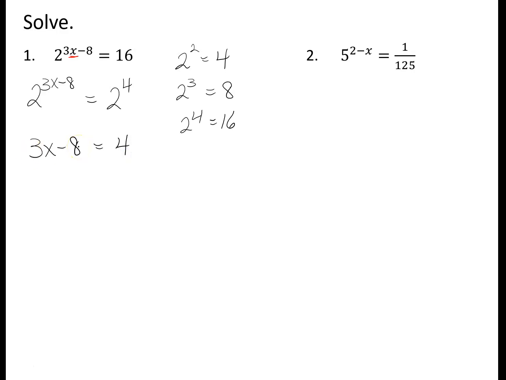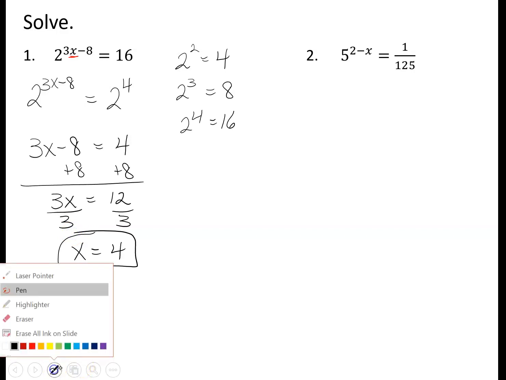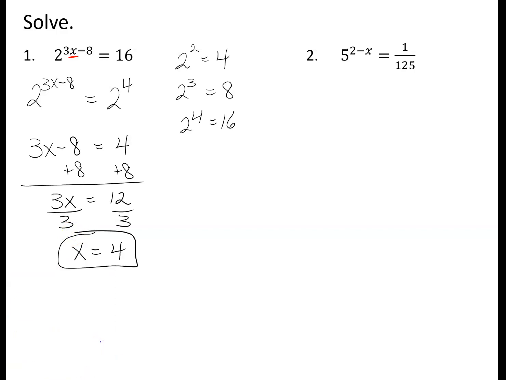This is just a little linear equation to solve, so we're going to add 8 to both sides and divide by 3, which gives us x equals 4. So that is our solution. Certainly you can check these just like you would check any equation. We'll go ahead and show that here.